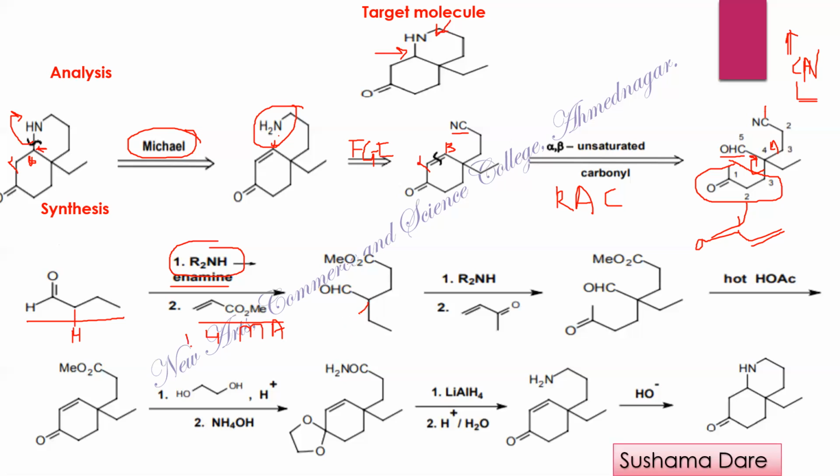Again, this hydrogen is no more acidic, so again we have to go with the enamine route. After the enamine route, this again undergoes a 1,4-Michael addition reaction with this. After the second 1,4-Michael addition reaction, the product is this.